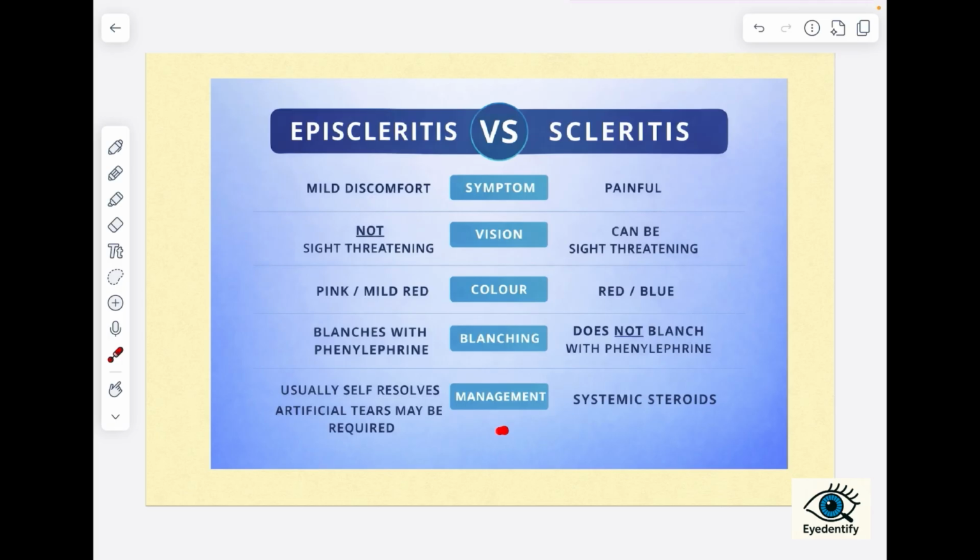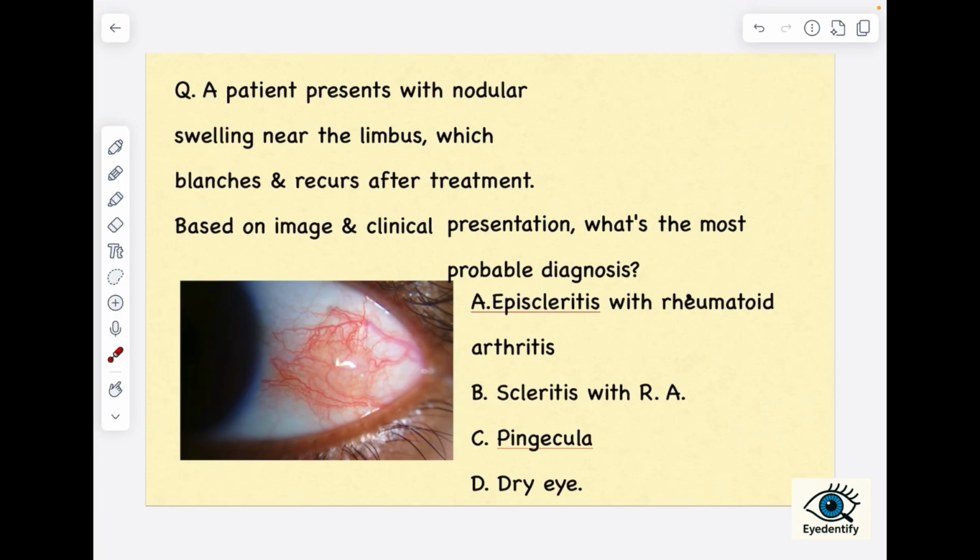Management of episcleritis is usually self-resolving, with artificial tears. Scleritis requires systemic steroids. So the clue is the blanching. If it blanches, then it is episcleritis. So the answer is episcleritis with rheumatoid arthritis.